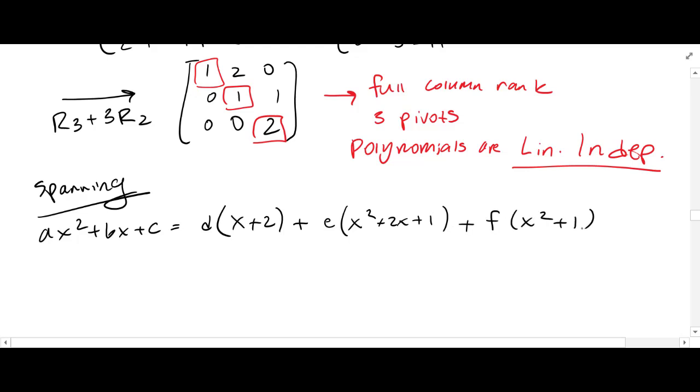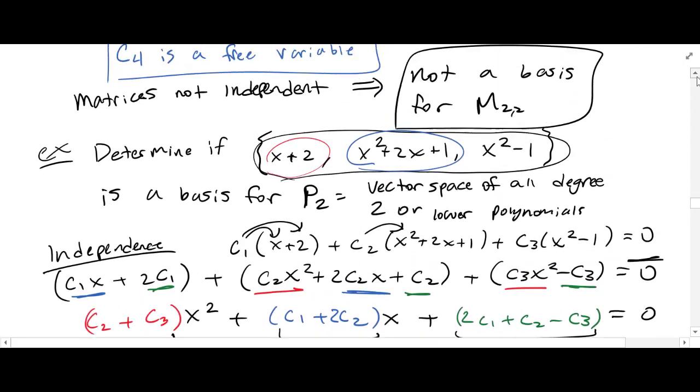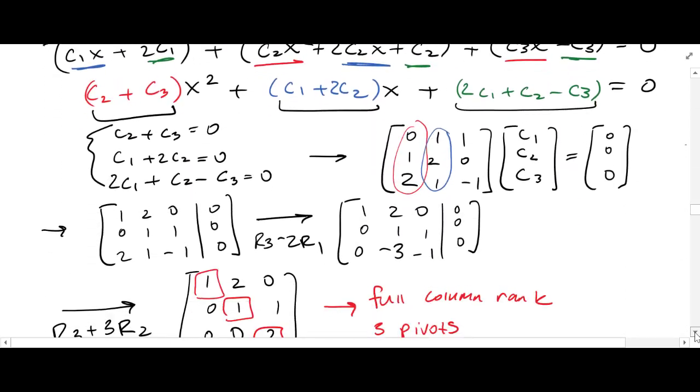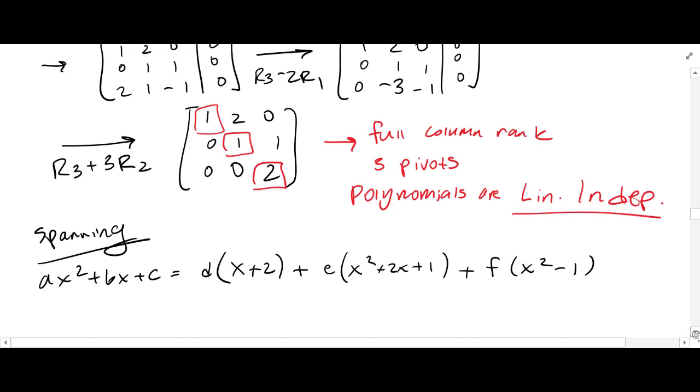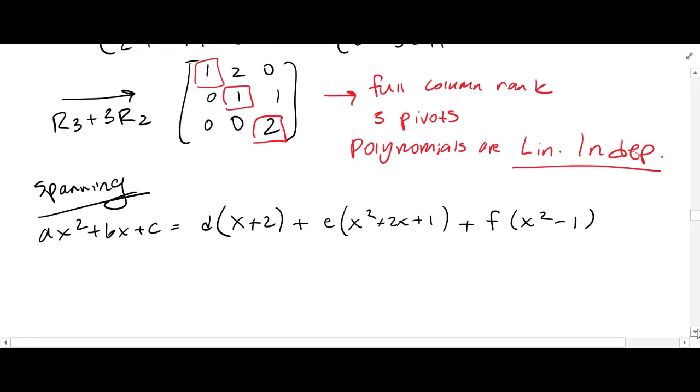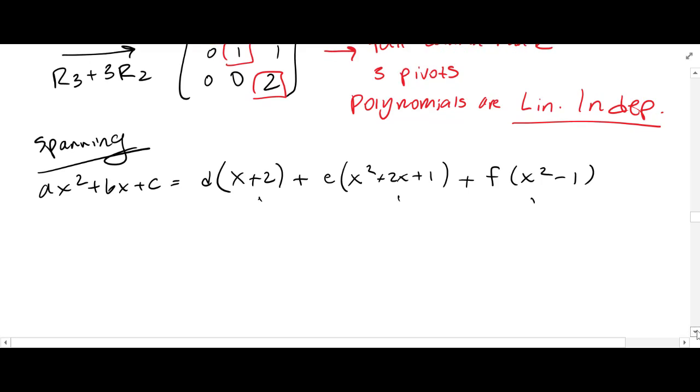Do x squared plus 1 or x squared minus 1? X squared minus 1. Okay. If you can solve this equation for d, e, and f in terms of a, b, and c, then that means these polynomials span the vector space. So the goal is to solve for d, e, f in terms of a, b, c. If you can't solve it, then they don't span.